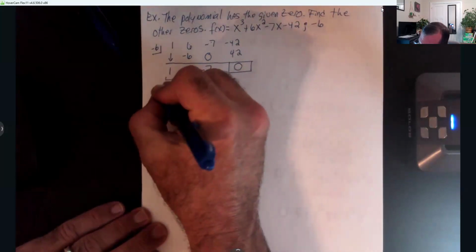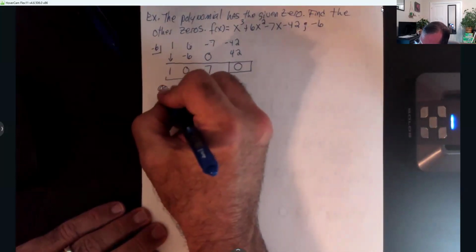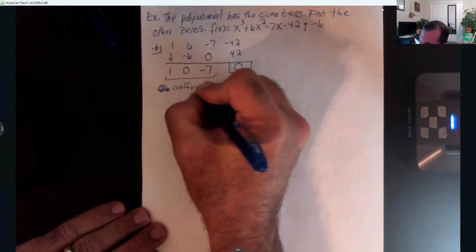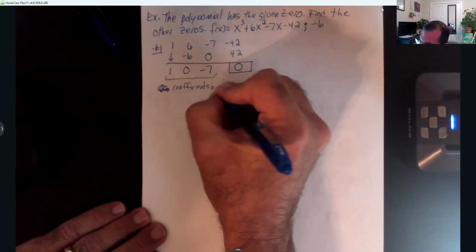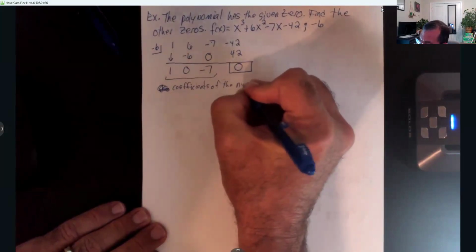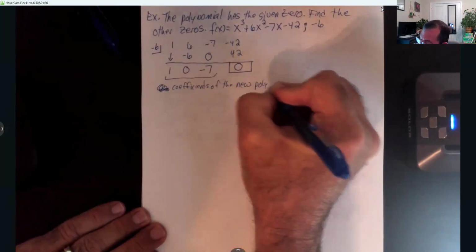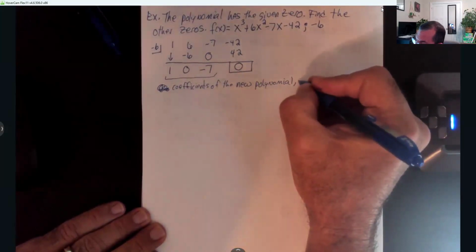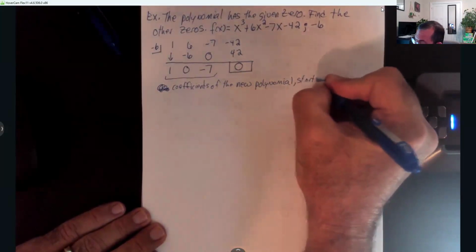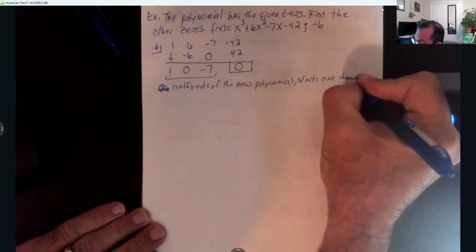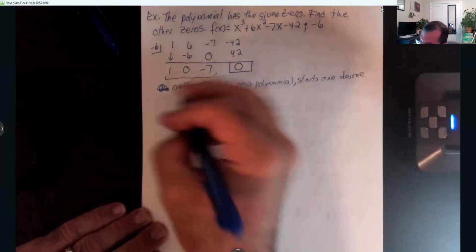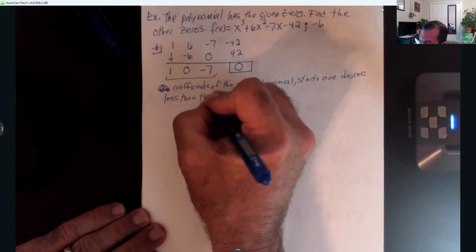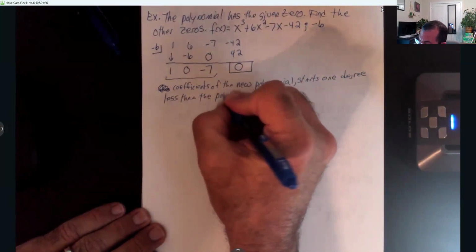Okay? So these are the coefficients. So let's write that down. Coefficients of the new polynomial, and it starts 1 degree less than the polynomial given.